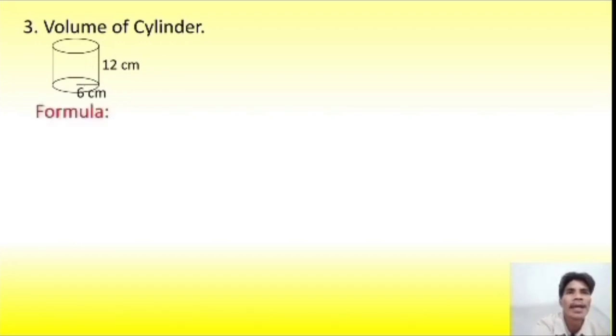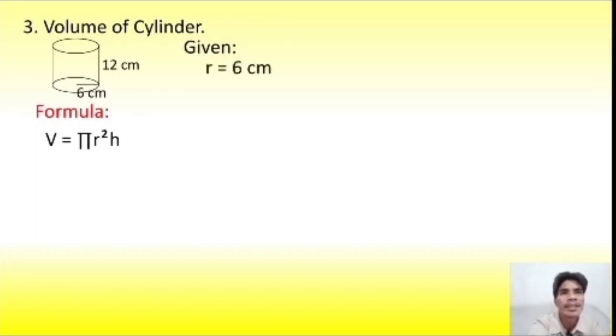So the formula, we have volume equals pi times r squared times height, or volume equals pi r squared height. The value of pi is 3.14. So given the radius is 6 cm, the height is 12 cm, and the volume is question mark.